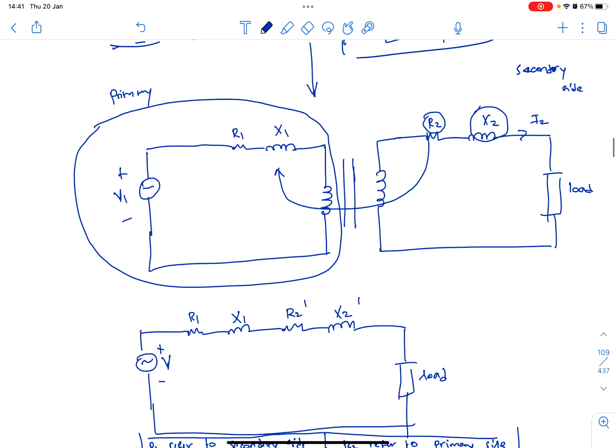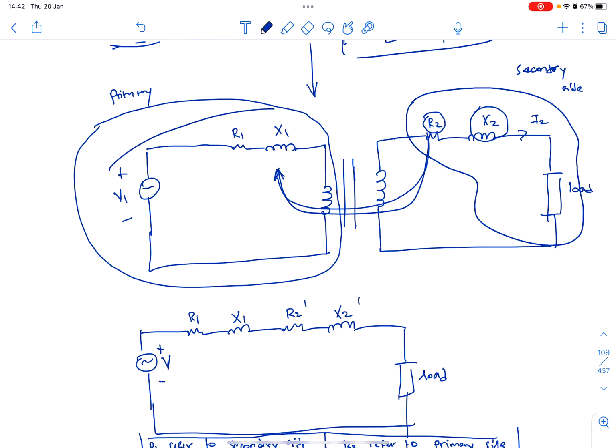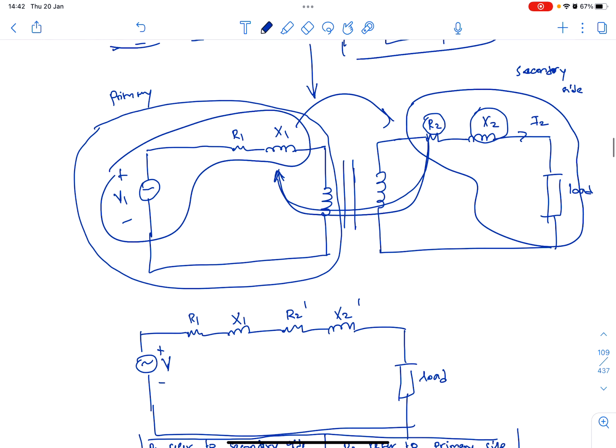So what they do is they transfer all these components from the secondary side to the primary side, or they can transfer this R1 and all the components to the secondary side. Vice versa, you can transfer from secondary to primary, and this one is from primary to secondary.